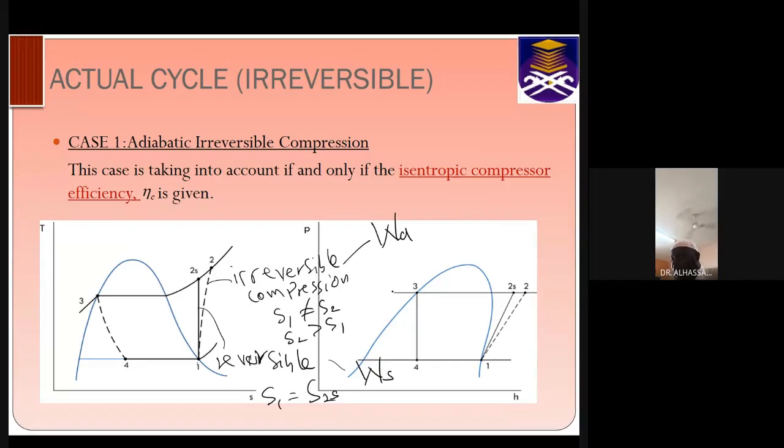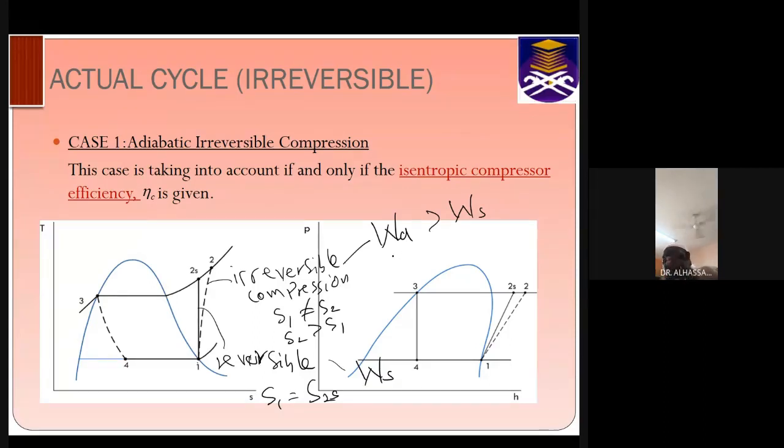Here WA is going to be greater than WS. Why? Because it has to overcome irreversibilities, such as pressure changes, heat loss, and friction, especially friction.